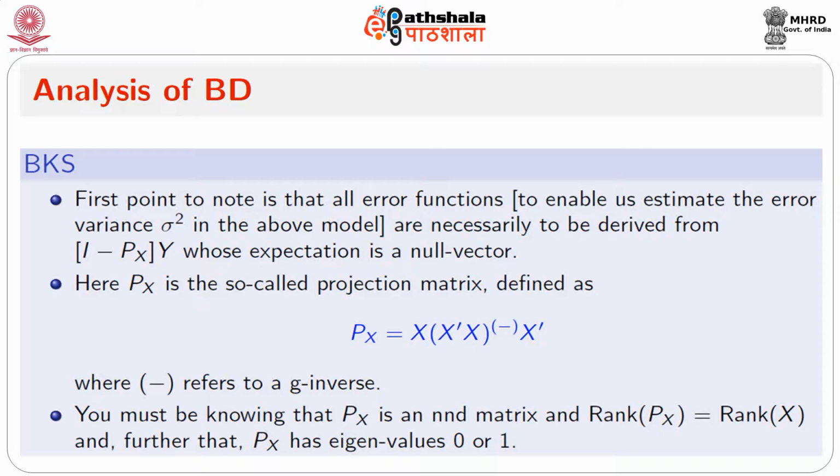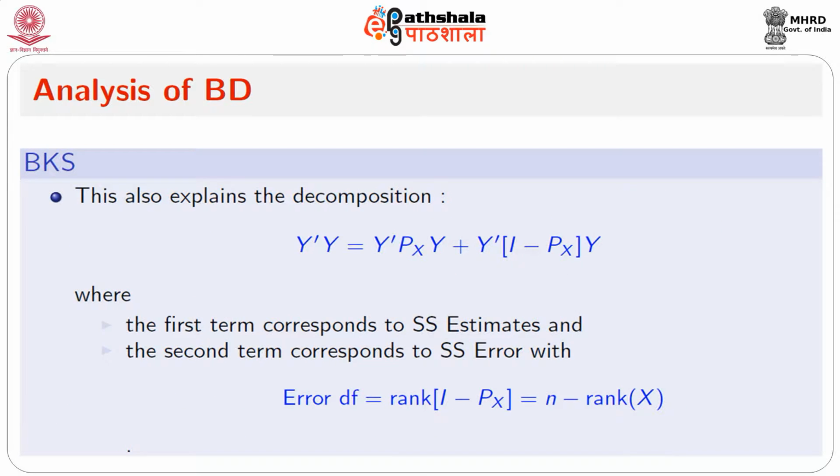You must be knowing that this P_x is an NND matrix and the rank of P_x is the same as the rank of X, and further that because it is a projection matrix, its eigenvalues are 0 and 1. So this also explains the decomposition of y transpose y, the total sum of squares, as y transpose P y plus y transpose (I minus P) y.